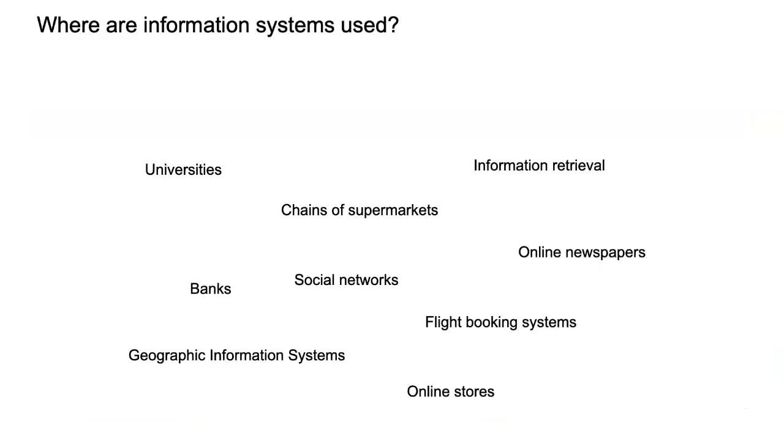Okay. Now, information systems. What kind of information systems do you have? Well, they are everywhere. I don't think there is any company in the world that doesn't use, in one way or another, a relational database management system. Everybody has one, at least from a certain size.